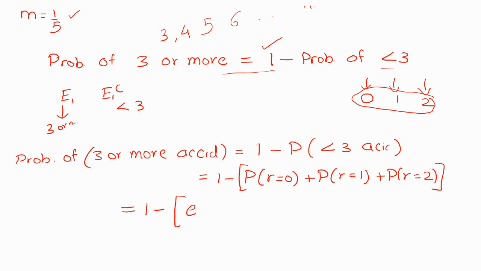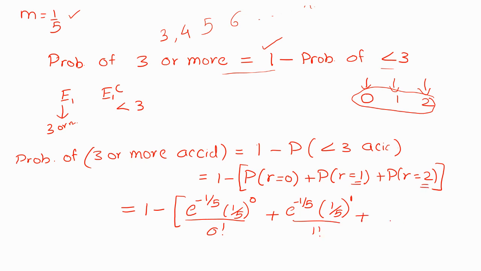So it will be e raised to minus 1 by 5, into 1 by 5 raised to r, where r is 0, upon 0 factorial. Plus now my r is 1, so it will be e raised to minus 1 by 5 into 1 by 5 raised to 1 upon 1 factorial.